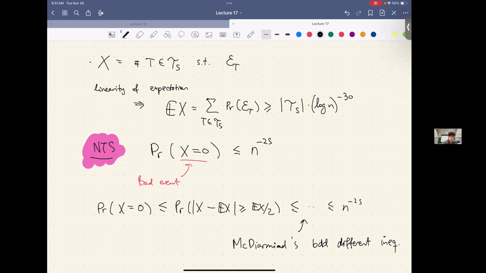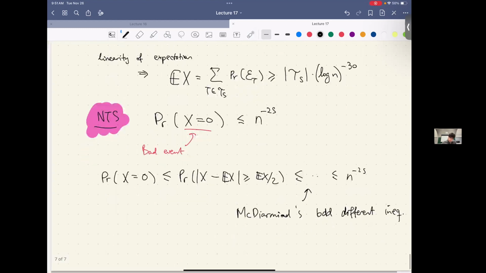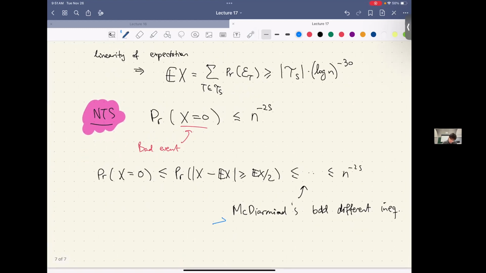I don't think I have time. This is some standard detail. Basically, what you want to check is that here, in this part, we use the fact that the triangles are almost edge disjoint.